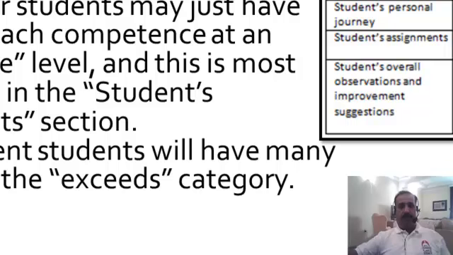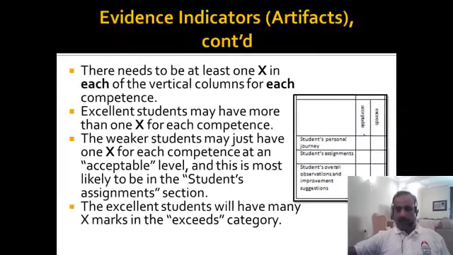Now, let's talk more about these indicators. As you see here on the right side of the screen, we have the 3 sections that we talked about with the 2 categories for each competency: acceptable and exceeds. Now, there is a need to have 1 X for each competency. Just 1, either in the students' assignments or students' overall observations or students' personal journey.